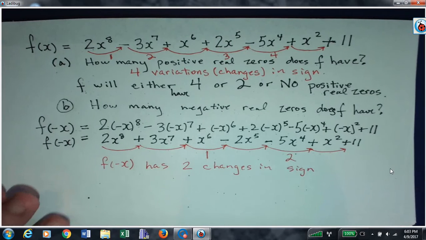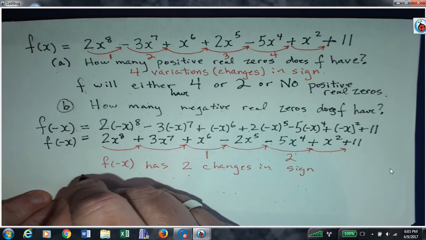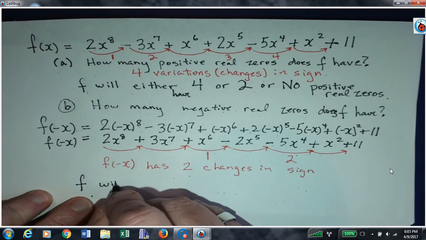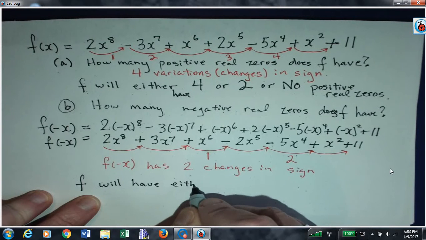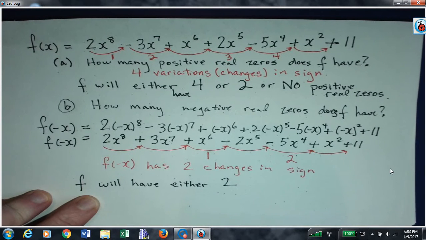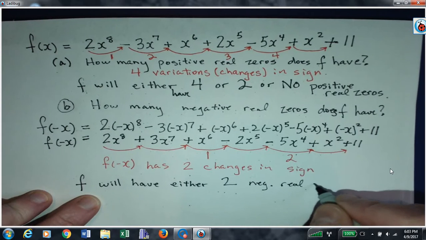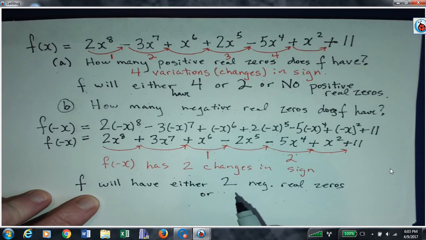And so by Descartes' rule of signs, that means that the polynomial f, the original f, will have either two negative real zeros or, well, we keep subtracting 2, and 2 minus 2 is 0.